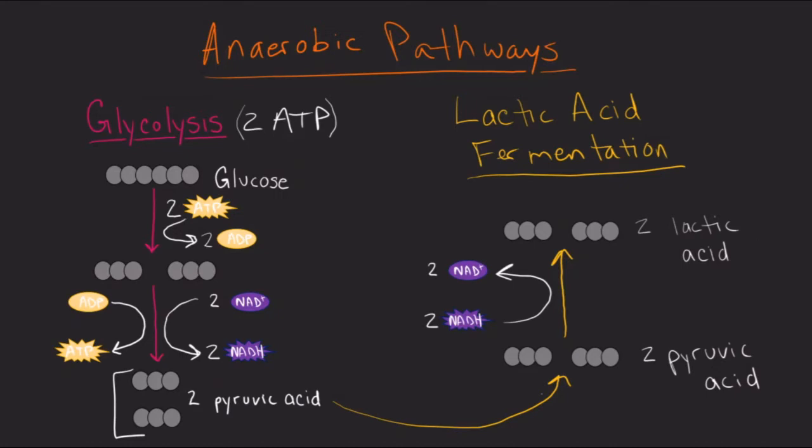And in order for that to occur, these two NADHs are going to come over, donate their electrons to the pyruvic acid in this process as it becomes lactic acid, and they become NAD plus again, which then cycles back over so that glycolysis can occur very rapidly.